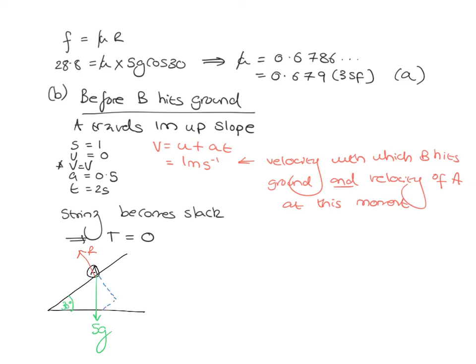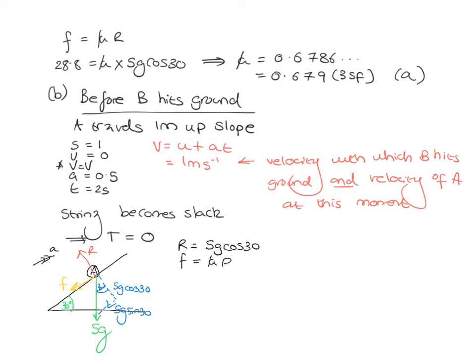Here are the components of the weight. And of course A is still moving up the slope, so let's put the friction in place down the slope like that. Now, R is still equal to 5g cos 30, that has not changed.